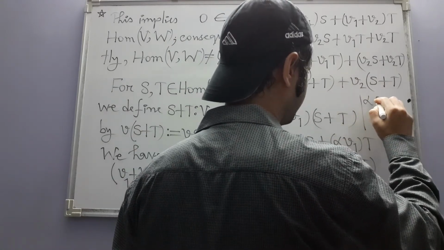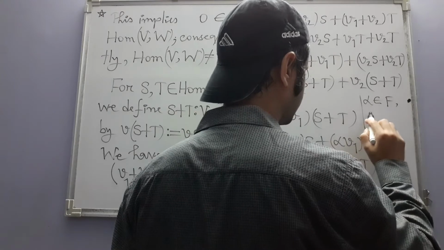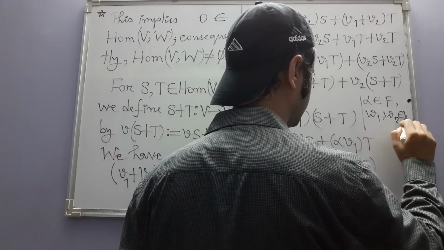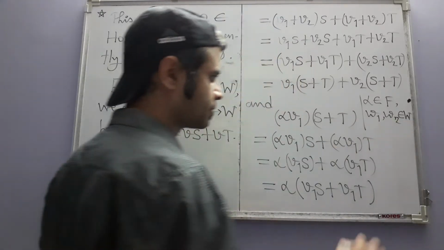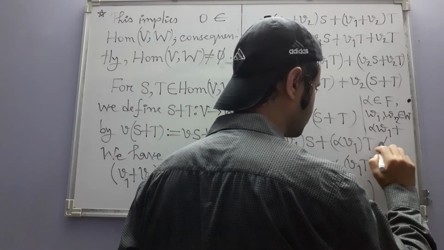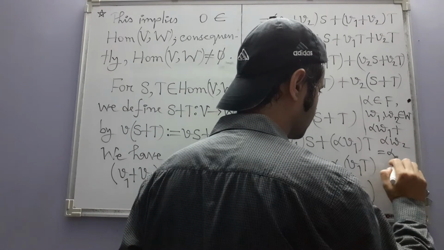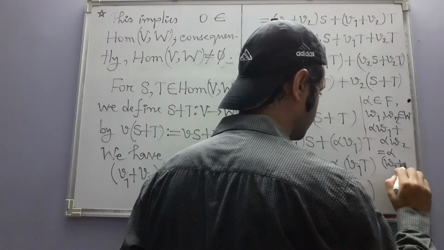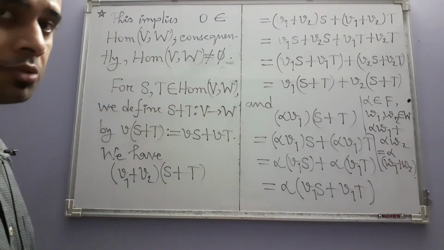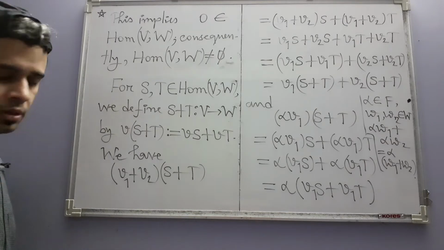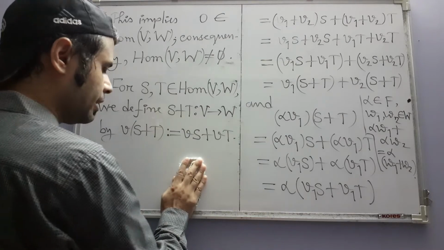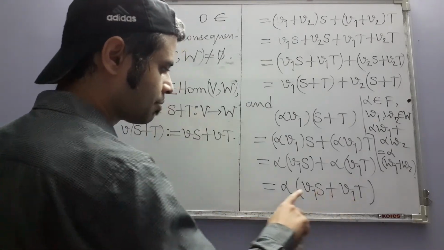You have alpha in F, and say you have two vectors W1 and W2 in your second space W. Then alpha W1 plus alpha W2 is equal to alpha times (W1 plus W2). That's what we have used in this step. And now there is one more step. You again use the definition of S plus T here.